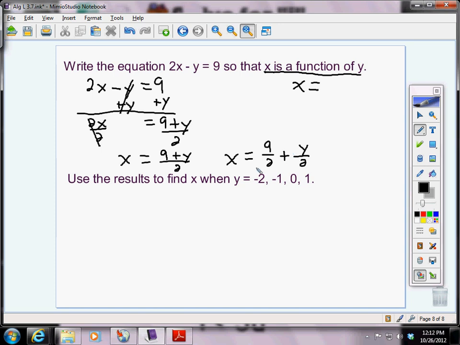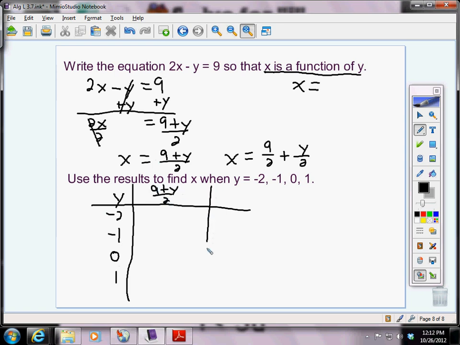The reason I like leaving it as the original one is because now it says use the results to find x when y equals negative 2, negative 1, 0, and 1. So we could just create an input-output table for this. We're going to input our y values into our function here, 9 plus y divided by 2, and then get out our x values.